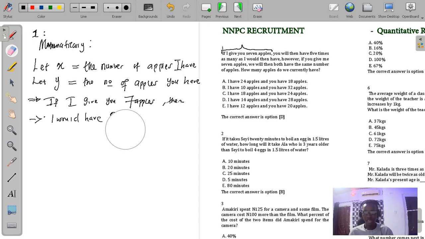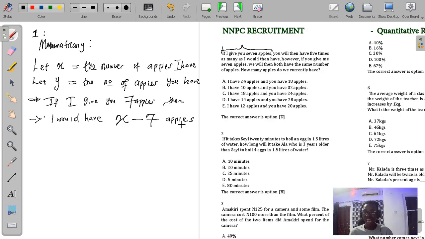I'm coming. So that means I have X apples. If I give you 7, I'm going to write it this way, X minus 7. So do you all agree with this? This is what I will have left. Are you guys following? Can you all hear me? So if I give you 7 apples, this is what I'm going to have left. I'll be left with just X minus 7 apples.